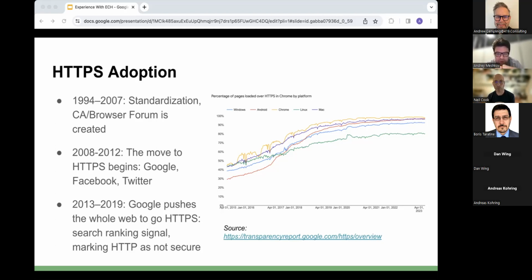By the end of that period, a few websites, generally related to banking or e-commerce, started using HTTPS.